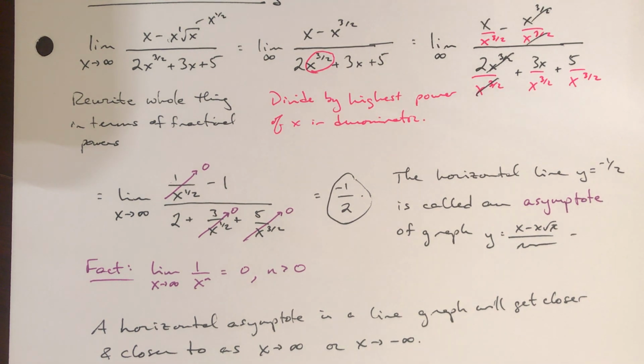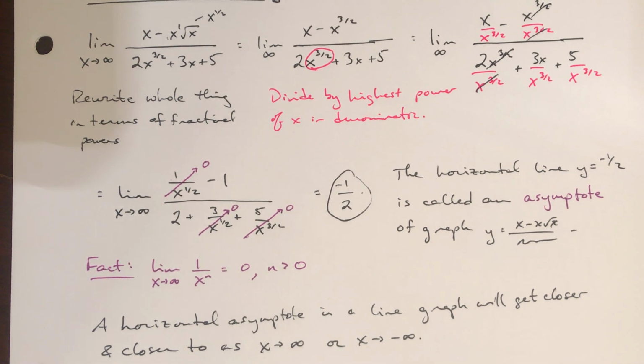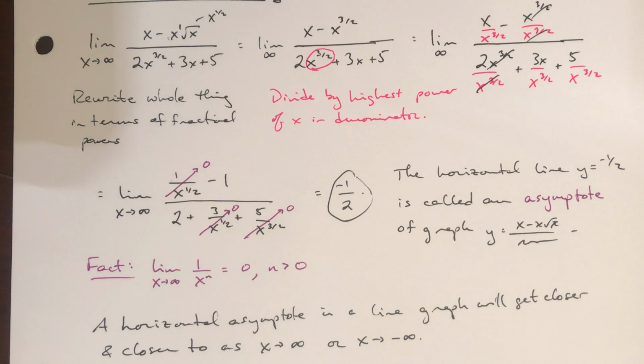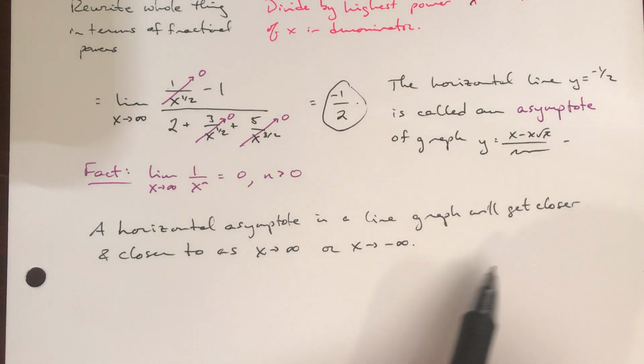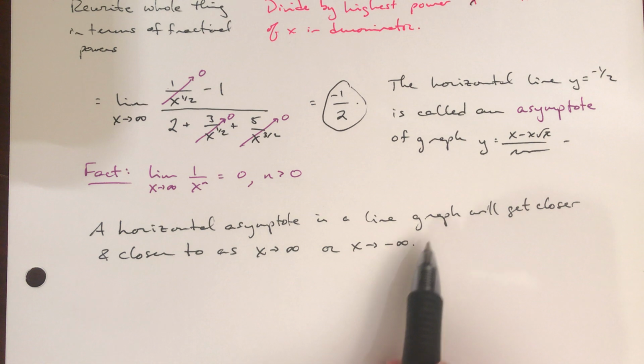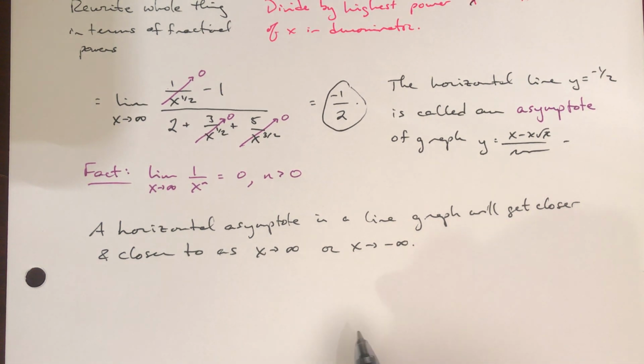We can have two different horizontal asymptotes. And in fact, that was exactly the case for our example last time that involved an arctangent. And we had another example where we had different limits as x went to positive or negative infinity. I say the graph is going to get closer and closer as we go off to the right or off to the left.